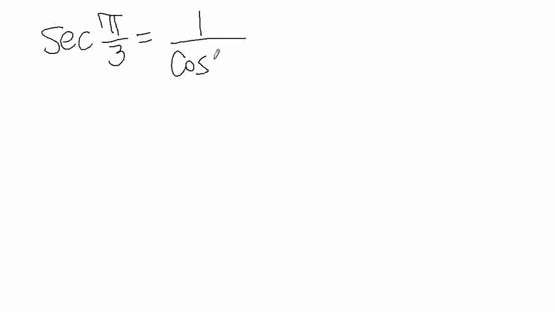So suppose I wanted to know the secant of pi over 3 radians. So I might start by focusing on the fact that that's equal to the reciprocal of the cosine of pi over 3 radians. Then I would maybe somehow figure out that the cosine of pi over 3 is a half.